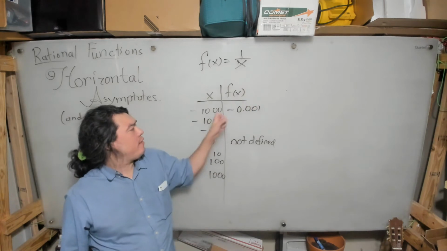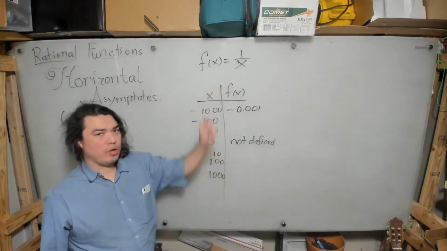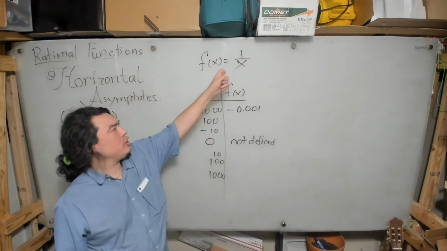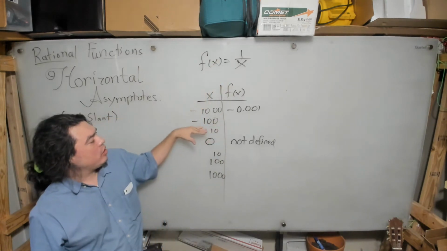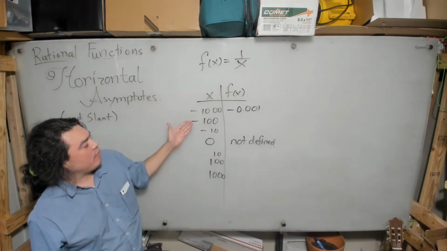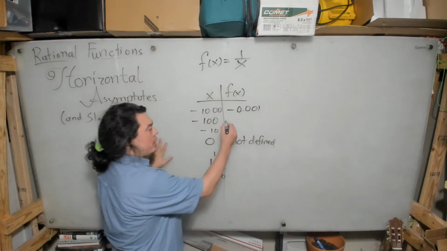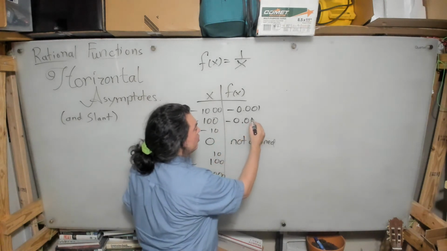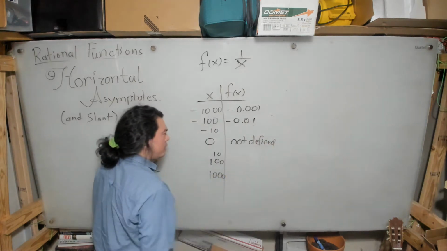So if I'm dividing by 1,000, that's 1 over 1,000, and it's a positive 1 divided by the negative, so it's negative. Similarly, if I evaluate f at negative 100, I'm going to get 1 over negative 100, which will be negative 0.01. Okay.